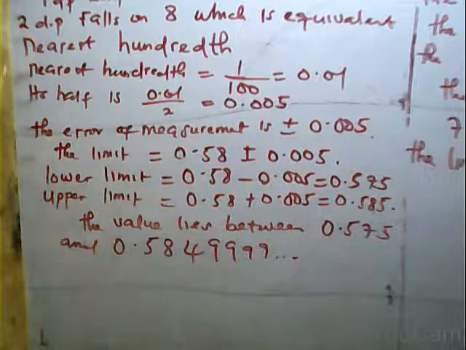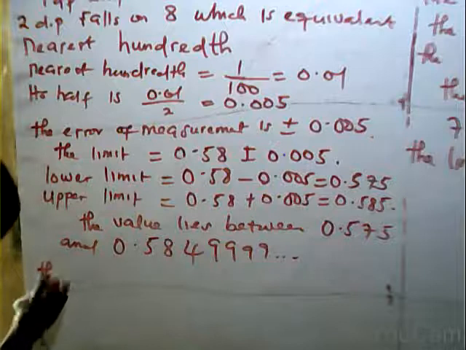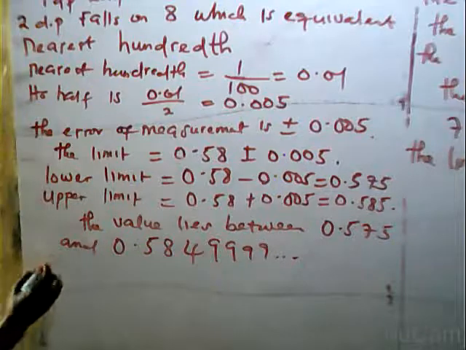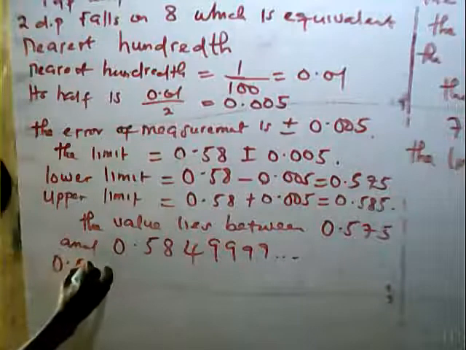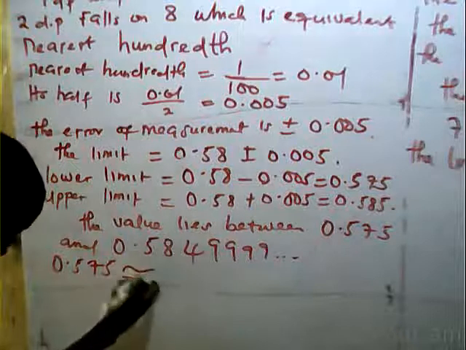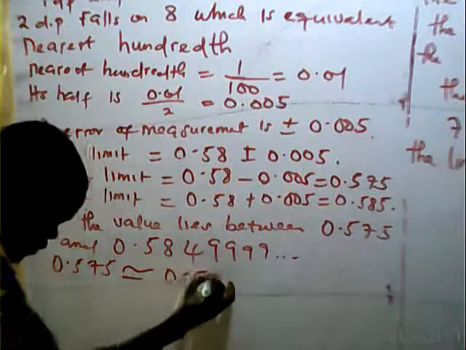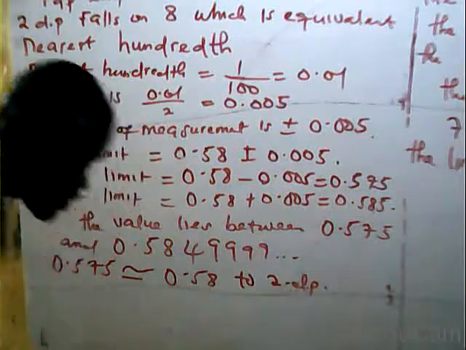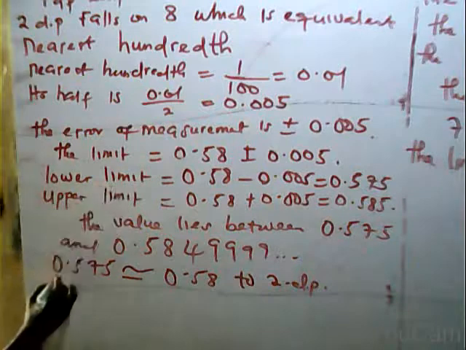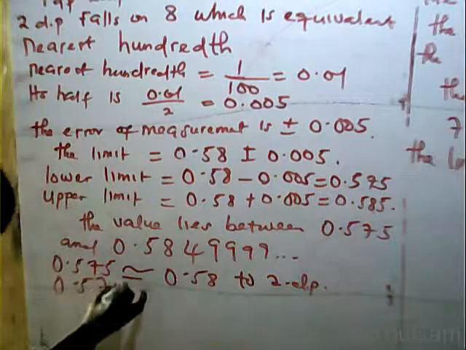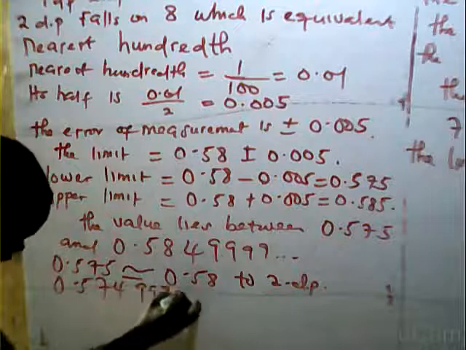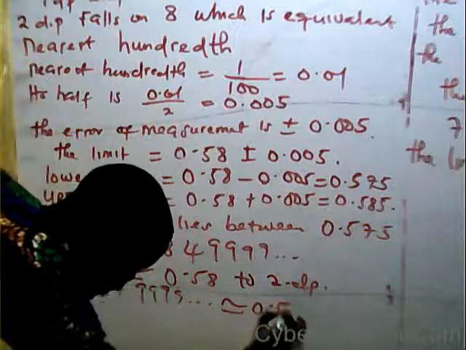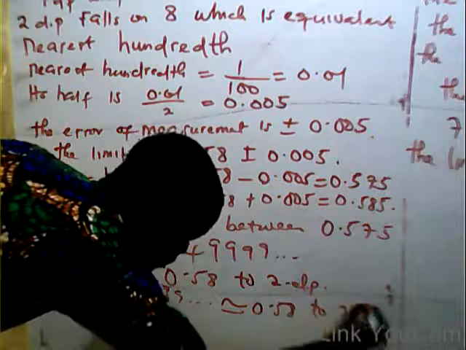So the reason for that is because 0.575, you approximate it, it's got to give you 0.58 to 2 decimal places. Then also 0.5849999 and so on also gives us 0.58 to 2 decimal places.